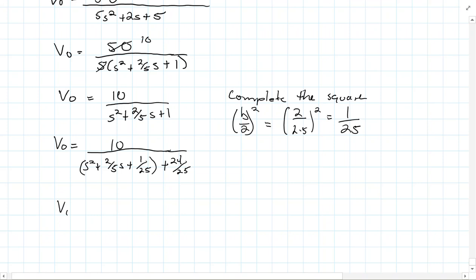And so that means that V out becomes 10 over s plus 1/5 squared plus 24 over 25. Which actually means we're in a pretty good spot here.